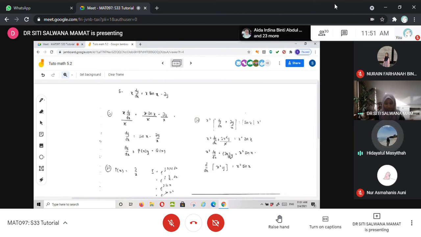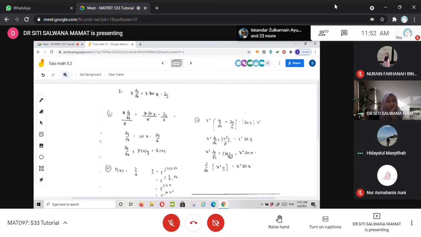Okay. The question, x dy dx equal to x sin x minus 2y. So kita nak koefisien dia 1, jadi saya bahagi dengan x. Kita akan dapat dy dx equal to sin x minus 2y over x. So we compare and we get the p of x equal to 2 over x.